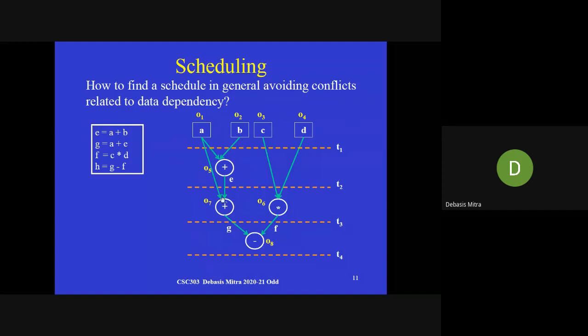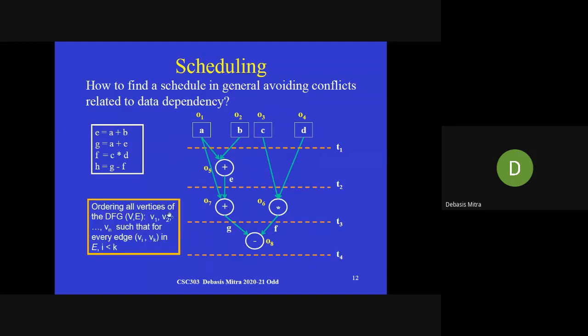So this levelization should be done in such a manner that the data dependency constraint is satisfied. And this is basically ordering all vertices of the data flow graph or data dependency graph V1, V2 up to Vn such that for every edge (Vi, Vk) in E, i is less than k.